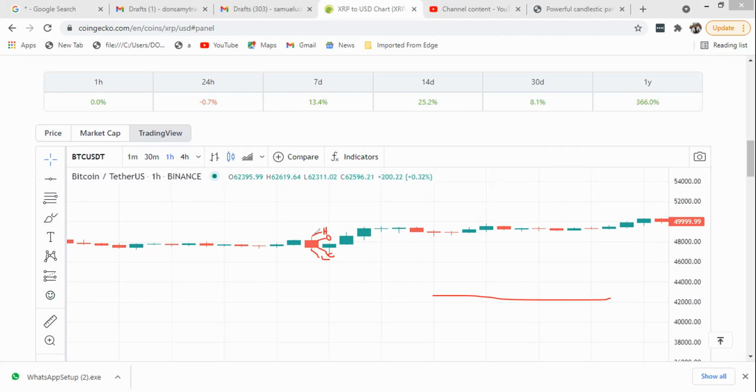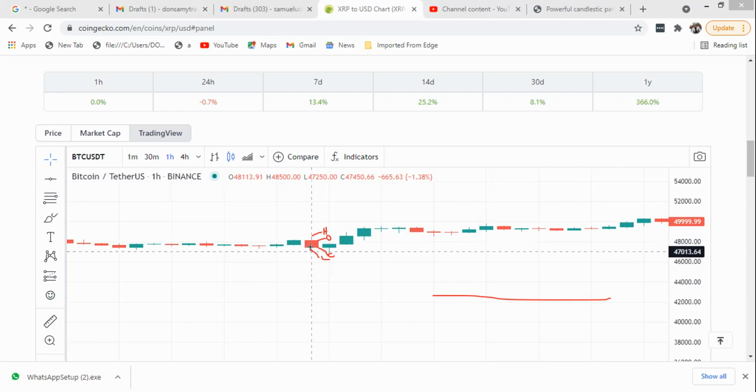So let me bring my cursor. Market started at 48,192. Did a high of 48,567.